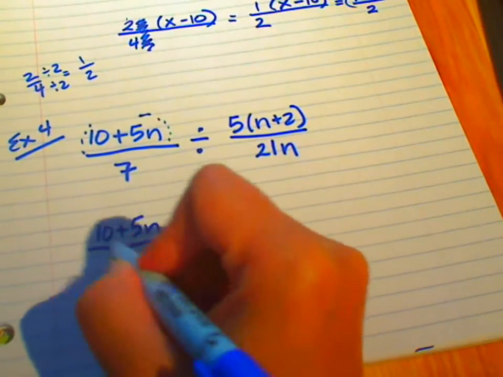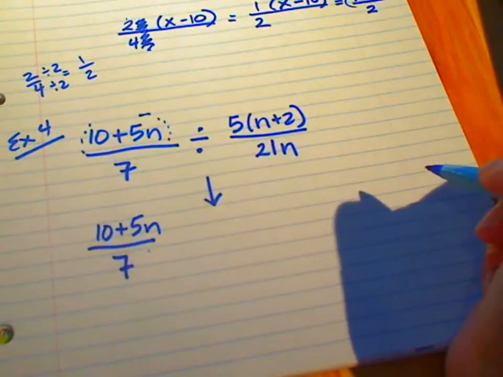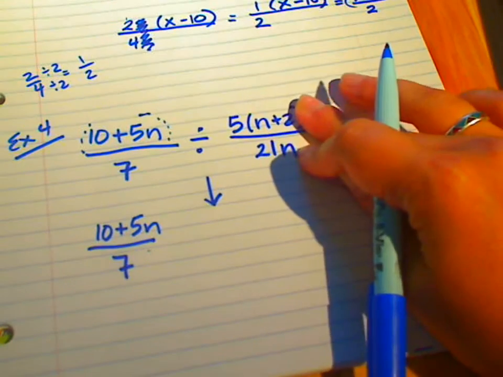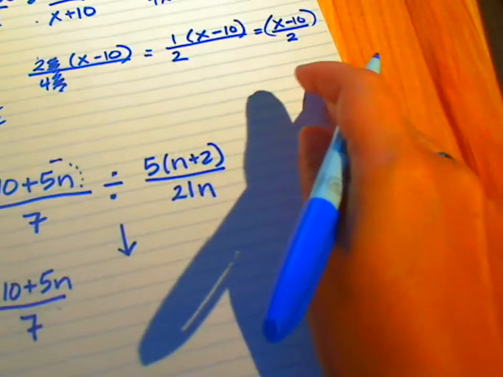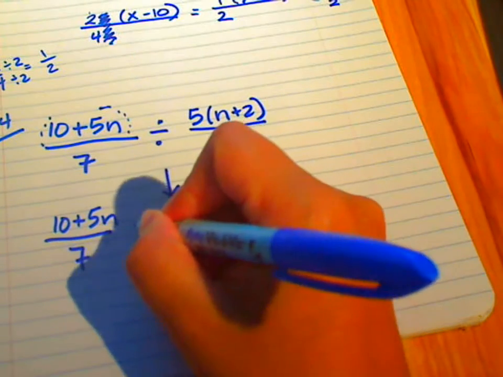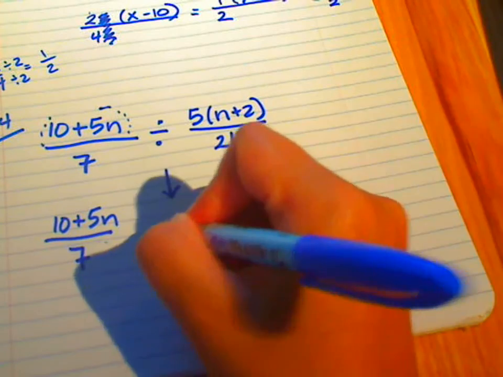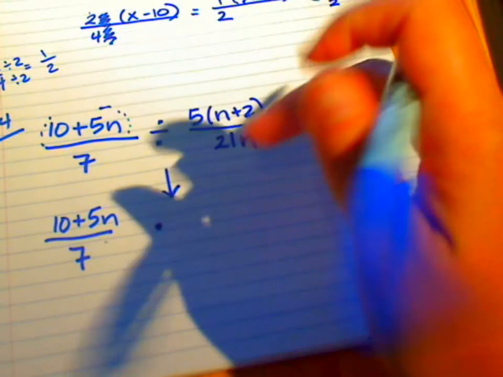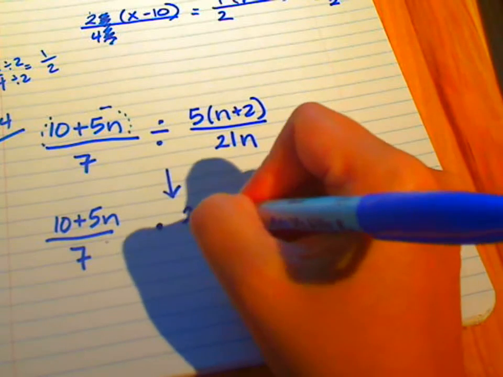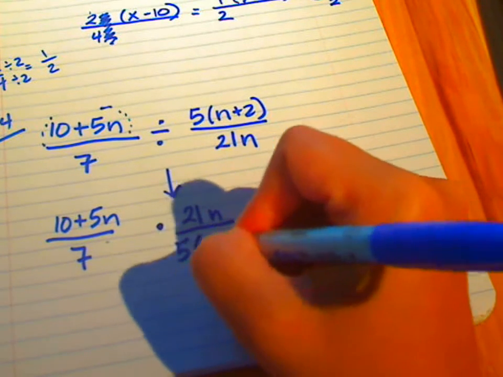What you do is you do the reciprocal of the second fraction. In other words, you flip it upside down. So I'm going to change the division to multiplying. And when I do that, I have to flip this fraction. So I do 21n over 5 and n plus 2.